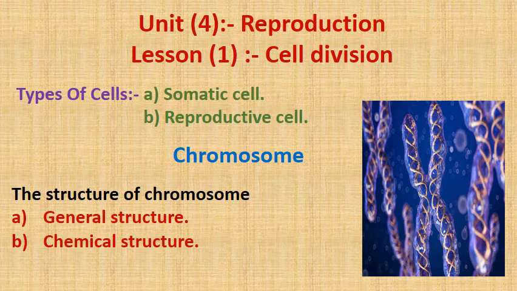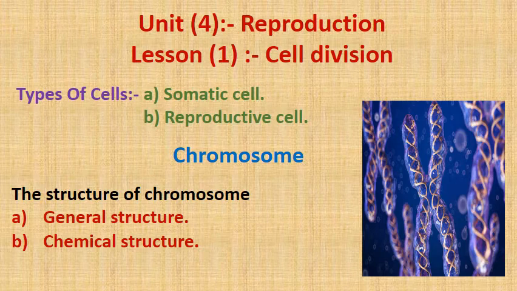In this lesson, we will know how the cell divides into more than one cell. To know that, we must know the structures found inside the cell that are responsible for cell division.